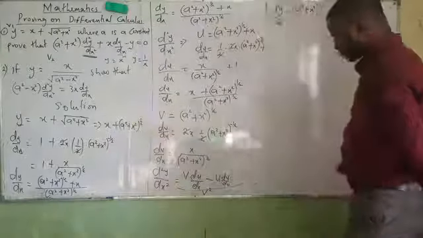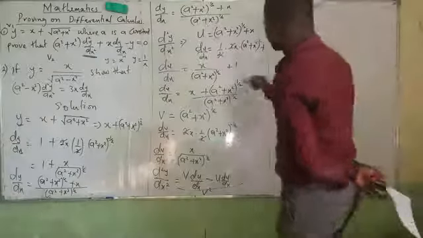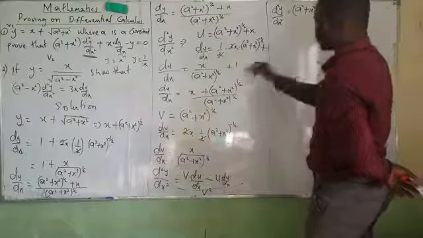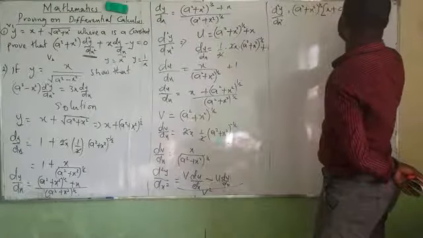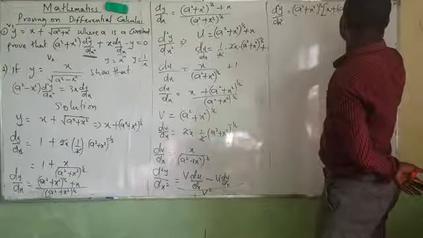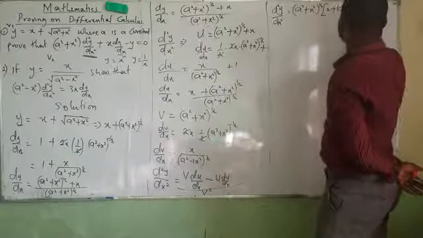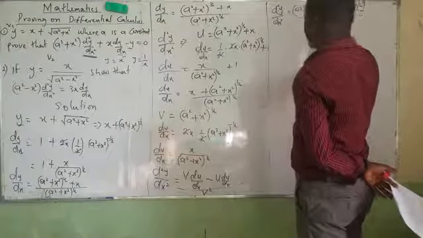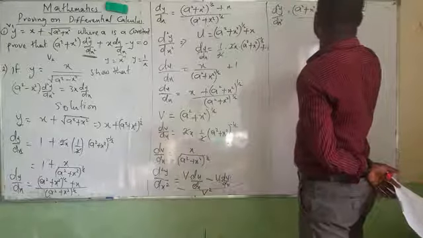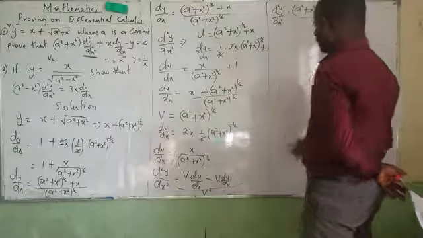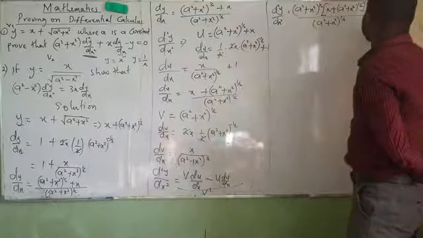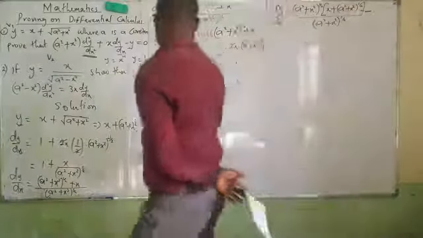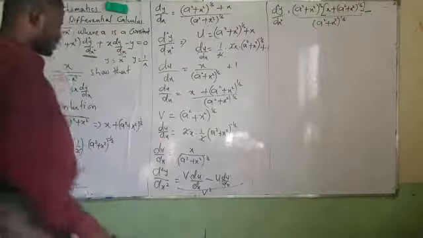What of my du? This is my du. I'll be having, open a big bracket, x plus the square root of a squared plus x squared, close the bracket, divided by the square root of a squared plus x squared. Now that is mine. I will now move on by having minus u times dv.